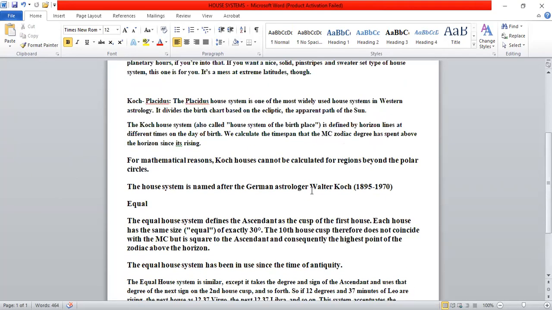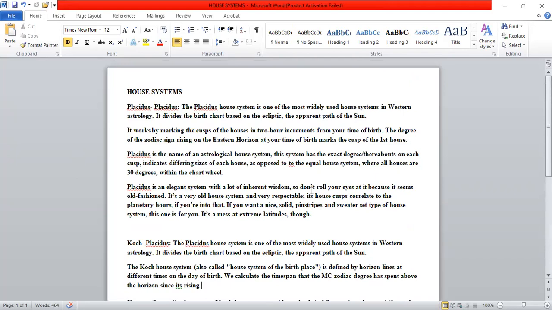The advantages of these systems, I kind of like Placidus myself. I've played around with both, and we'll look at it in my own chart because I can attest to certain things. I think Placidus and Koch, to me, tell you more about the person, the personality.